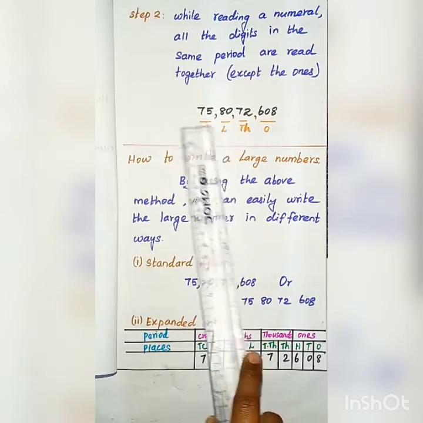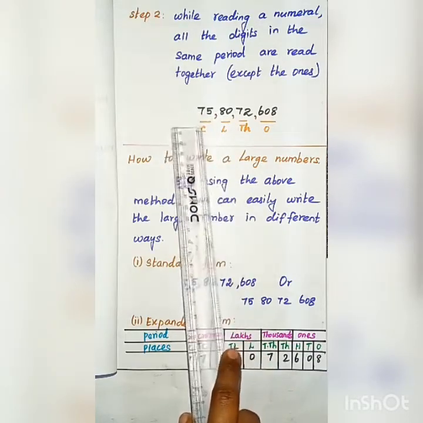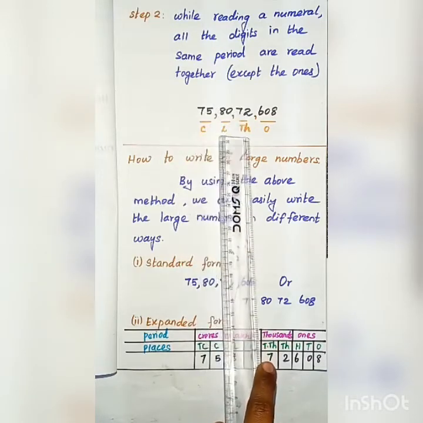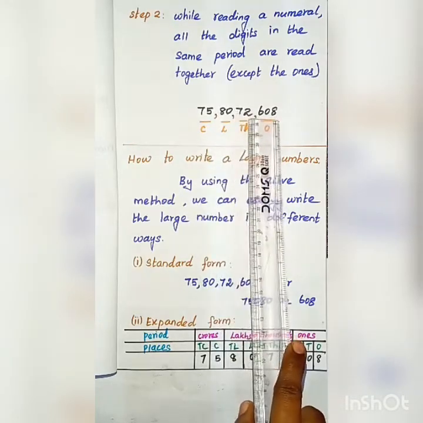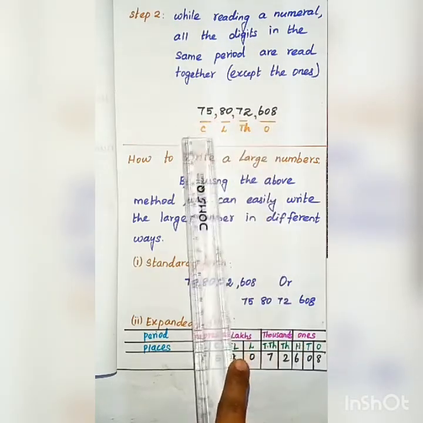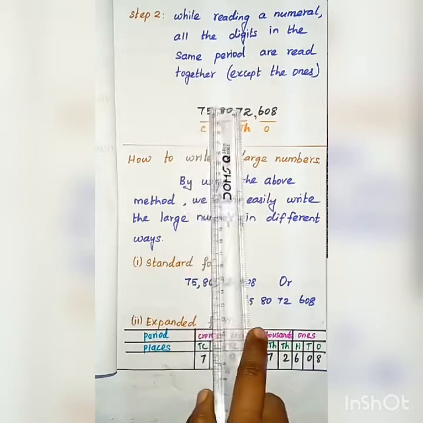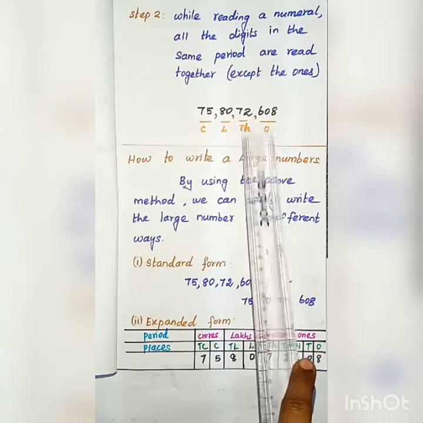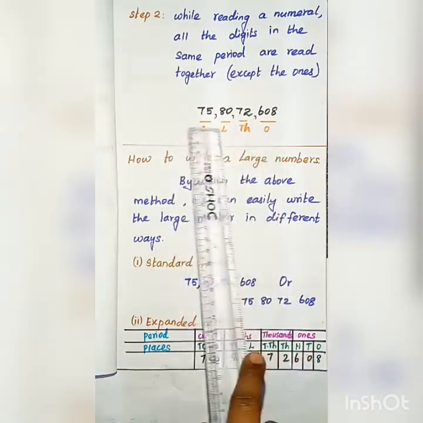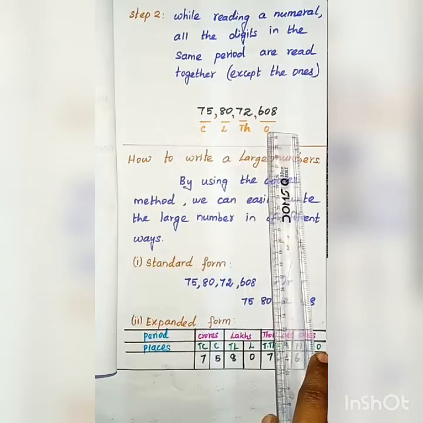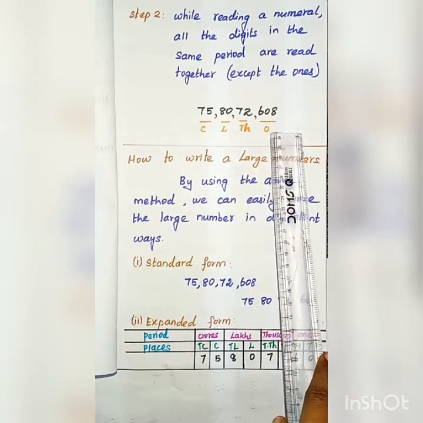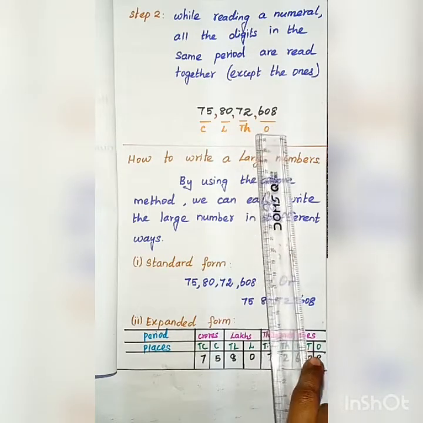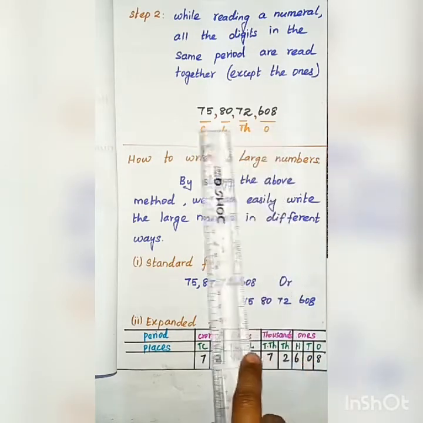Let us read: 75 crore, 80 lakhs, 72,608. In this way you have to read a large number. Here you have 9 digits, but you may read 8 or 7 or any number of digits like this.